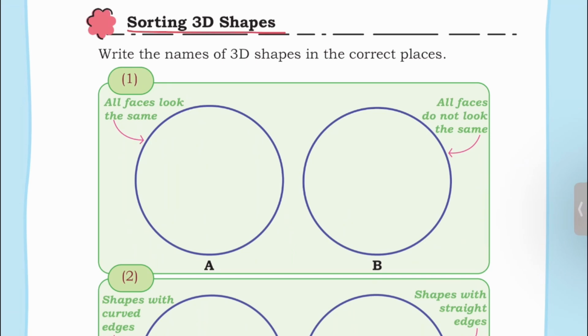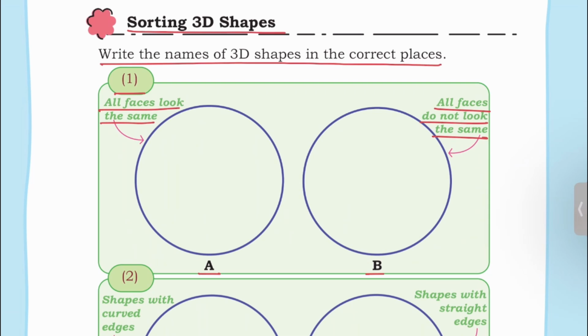Sorting 3D shapes. Write the names of 3D shapes in the correct places. Here you can see two circles have been given. 1A. All faces look the same. 1B. All faces do not look the same.